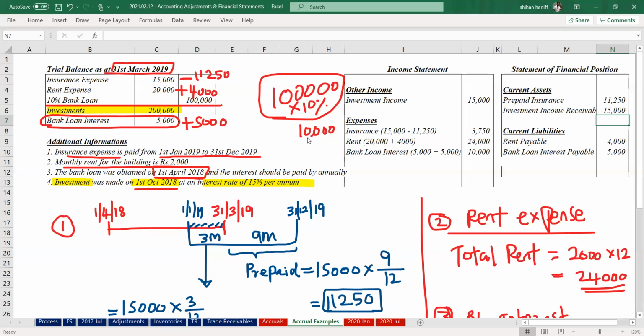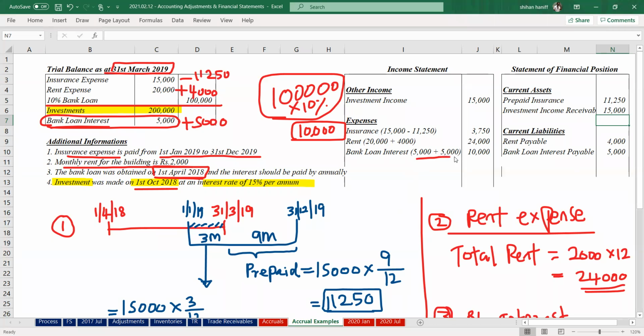Okay. So here bank loan interest paid amount is given in the trial balance. Always remember, in trial balance we have the paid amount. What is the amount we paid? So total interest is 10,000, paid only 5,000.